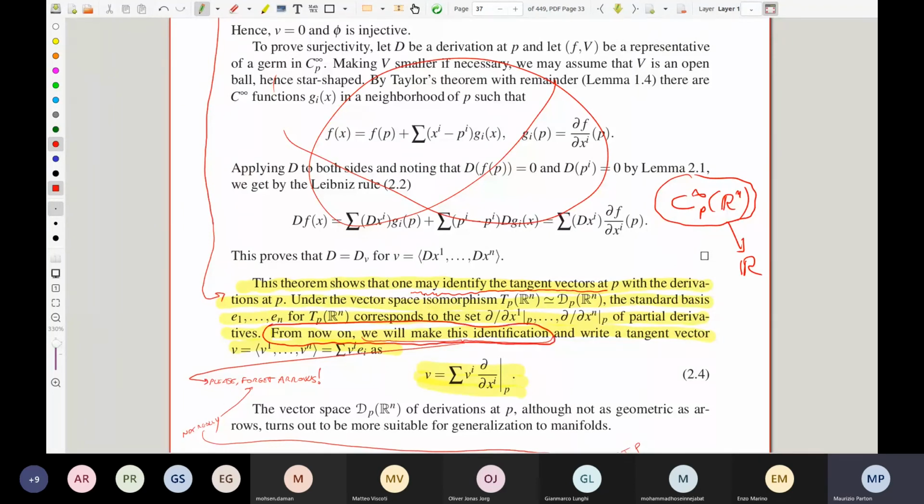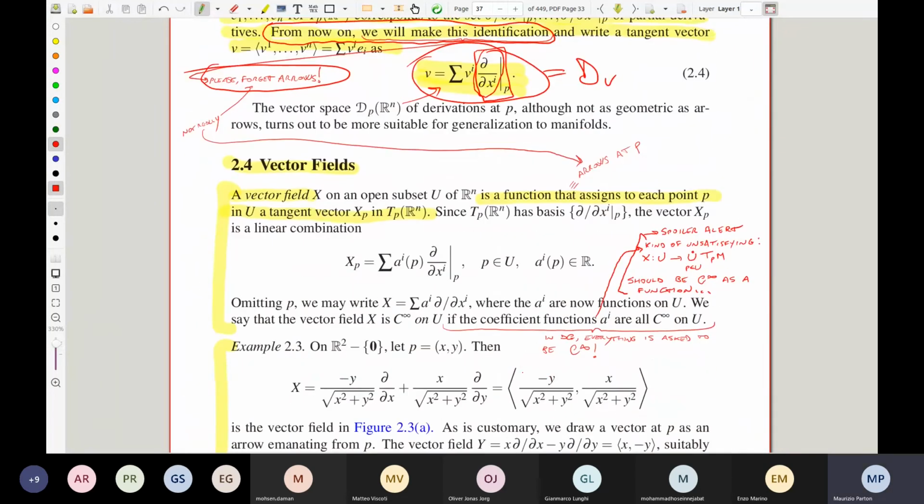For us, from now on, please forget arrows. A tangent vector is this. I will say tangent vector means a linear combination of partial derivatives, which is, if you prefer, the derivative along the vector v. This is useful because it expresses very clearly the dependence on the chosen basis.